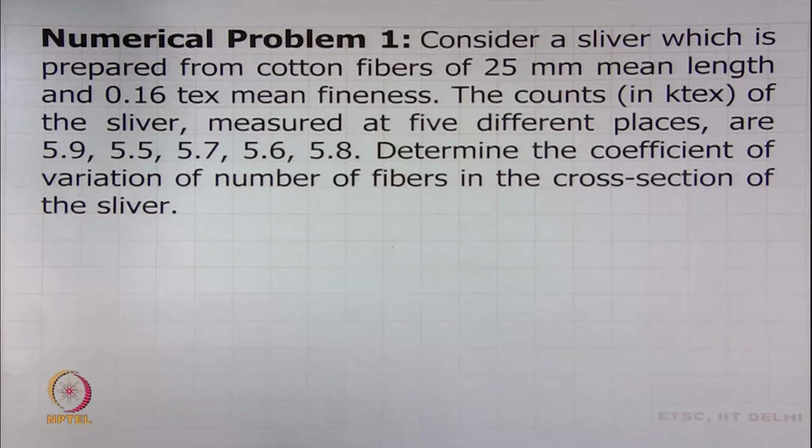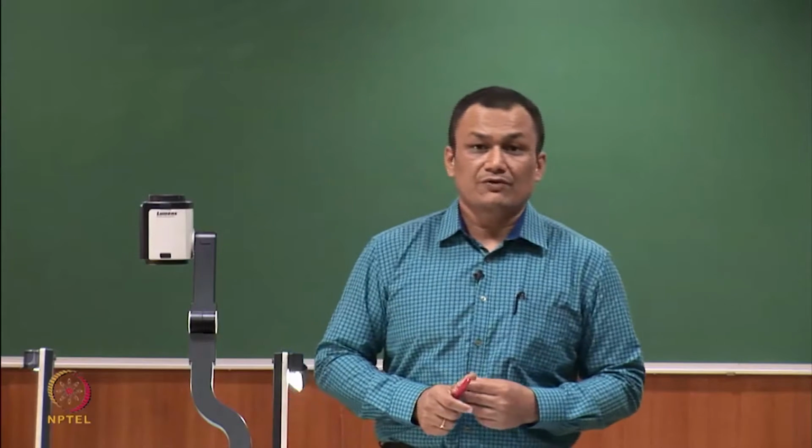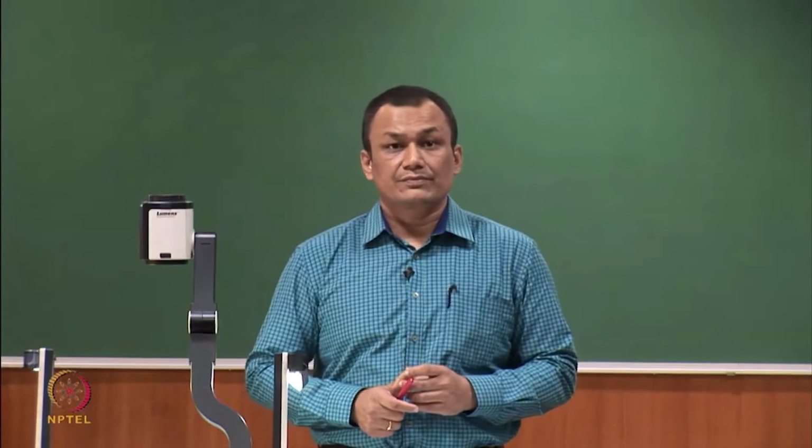The counts in kilotex of the sliver measured at 5 different places are 5.9, 5.5, 5.7, 5.6 and 5.8. Determine the coefficient of variation of number of fibers in the cross section of this sliver.